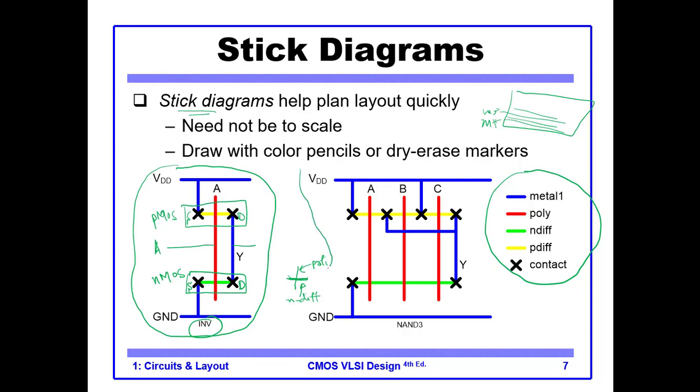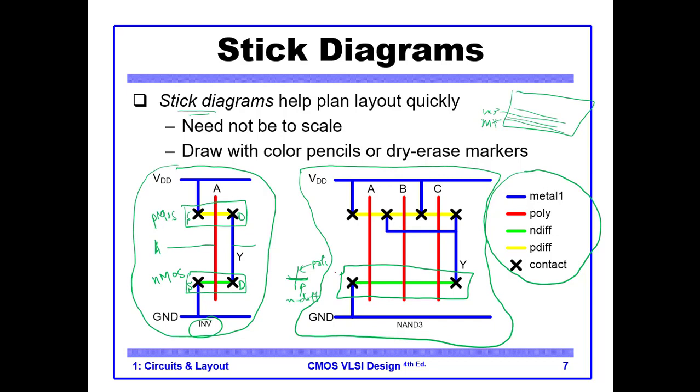Let's come to this one. What is this? So you see the green diffusion was for NMOS. So we have the NMOSes.